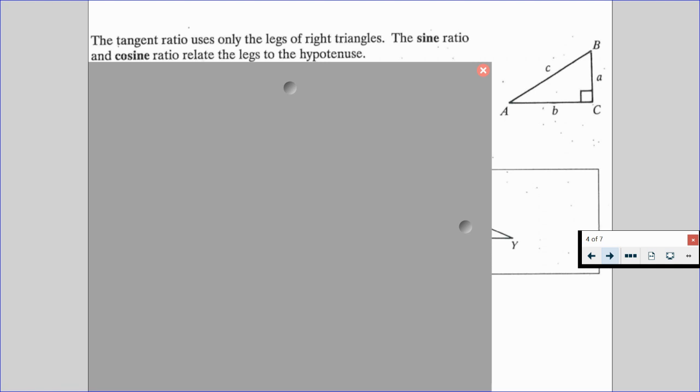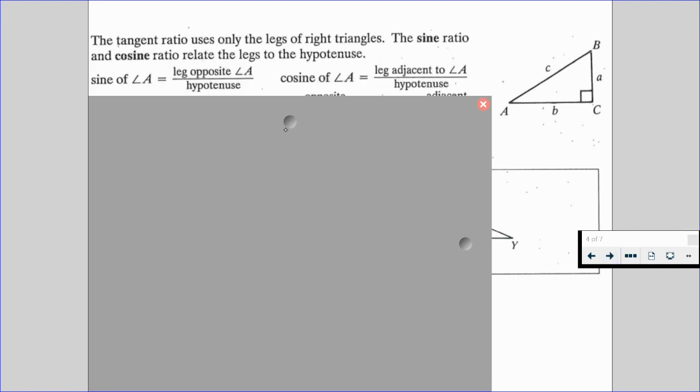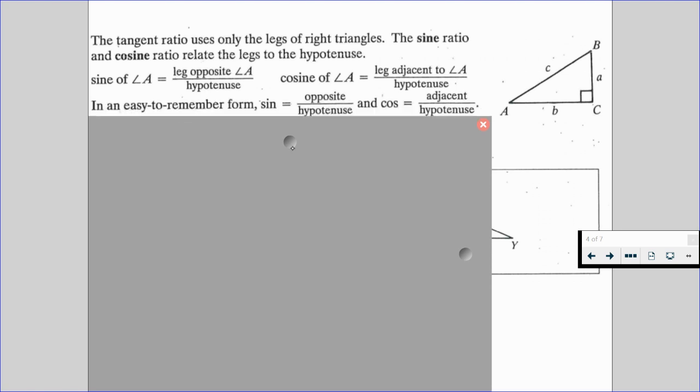Alright, the tangent ratio uses only the legs of right triangles. Now, the sine ratio and the cosine ratio relate the legs to the hypotenuse. So the sine of angle A is the leg opposite of angle A over the hypotenuse, and the cosine of angle A is the leg adjacent to angle A over the hypotenuse.